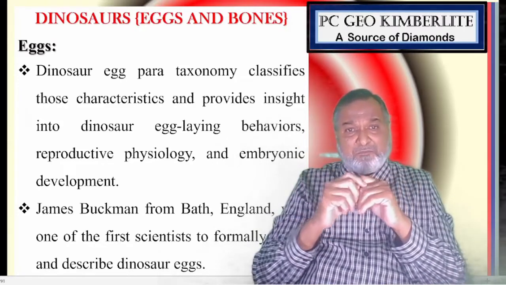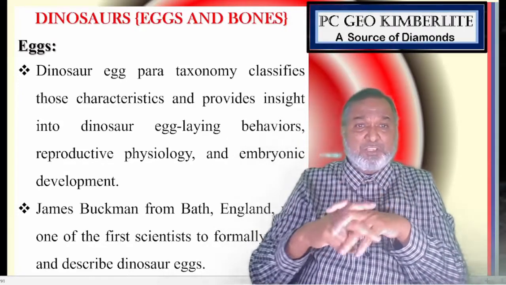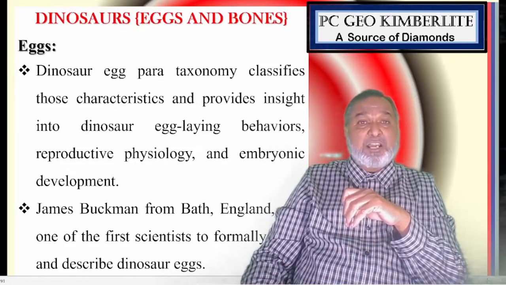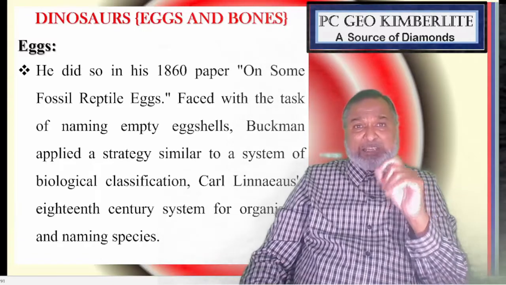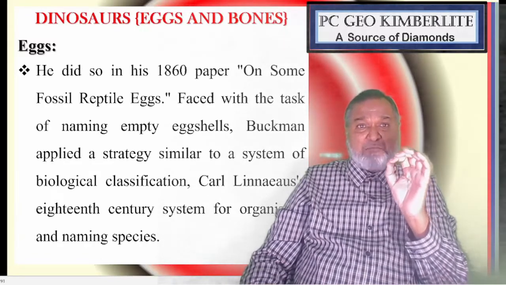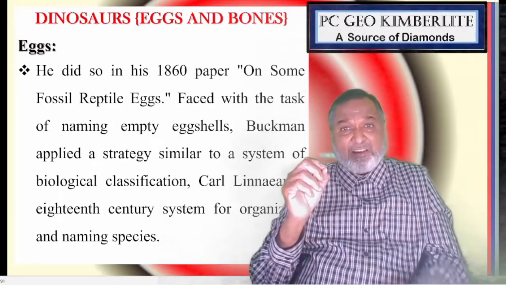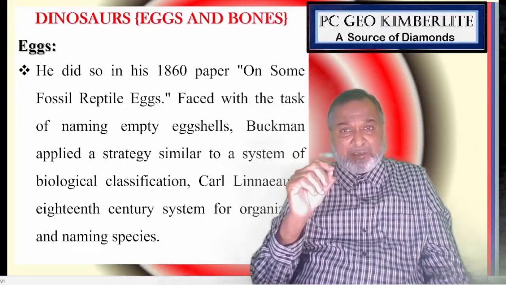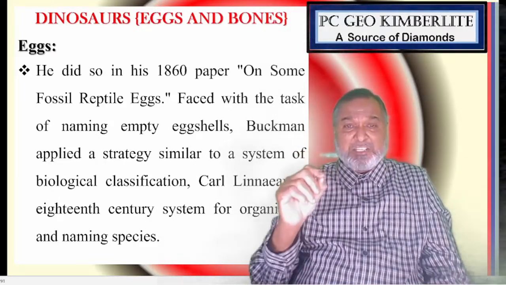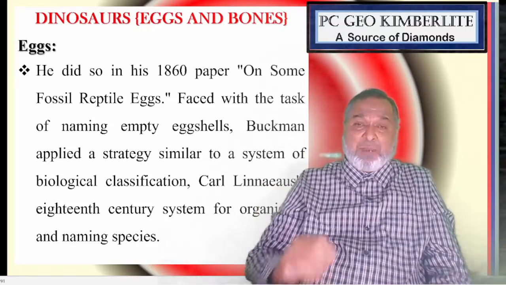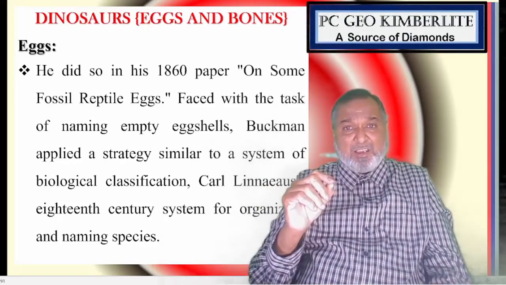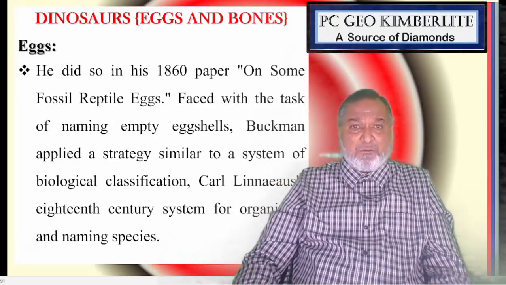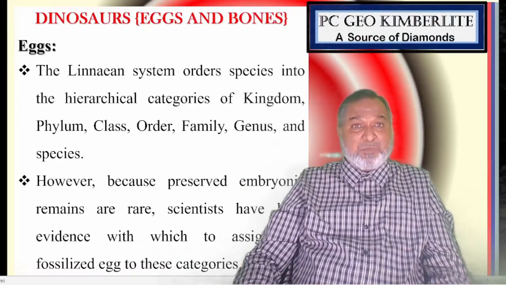William Buckman from Bath, England, was one of the first scientists to formally name and describe dinosaur eggs. He did so in his 1860 paper on some fossil reptile eggs. Faced with the task of naming empty eggshells, Buckman applied a strategy similar to a system of biological classification, Carl Linnaeus's 18th century system for organizing and naming species.